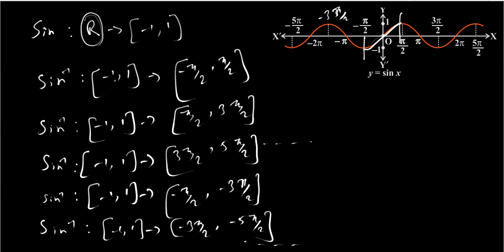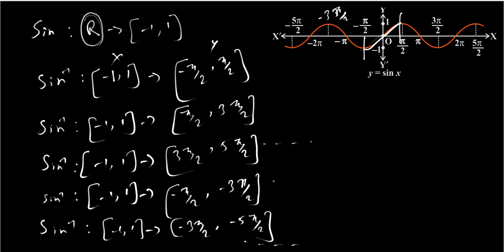In the sine inverse function, the domain becomes minus 1 to plus 1, and the range is the region minus pi by 2 to plus pi by 2. So these real numbers we have to take in the y-axis. This pi by 2 we have to mark in the y-axis, and it is reaching the region minus 1 to plus 1 in the x-axis. This is the x-axis and this becomes the y-axis.